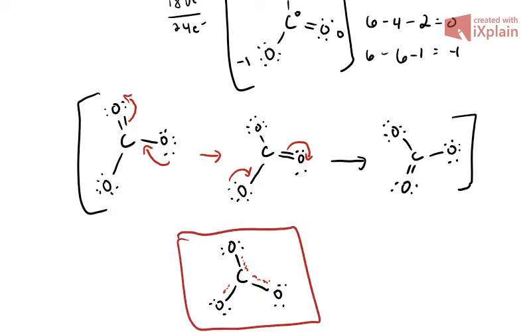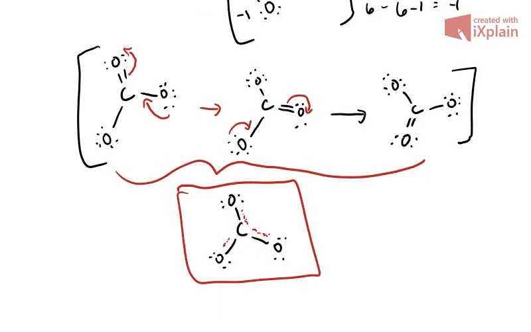So there's not a full double bond on any one of those. If we take a snapshot in time, maybe it does, but we can't do that. And so we get something like this, where you have partial double bonds on each one of those oxygens. Okay, so those resonance structures devolve into something that looks like that.